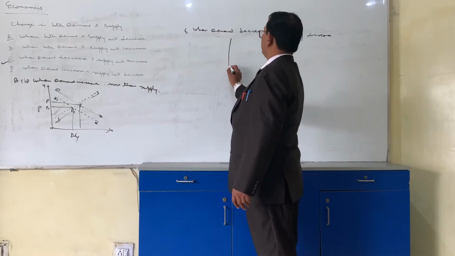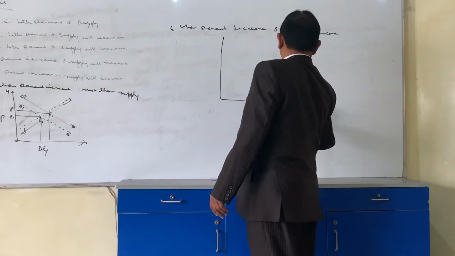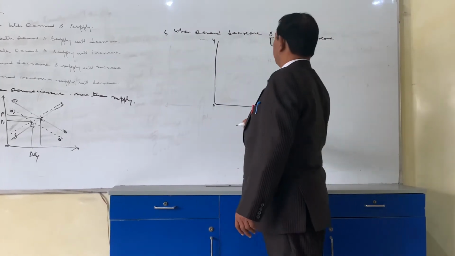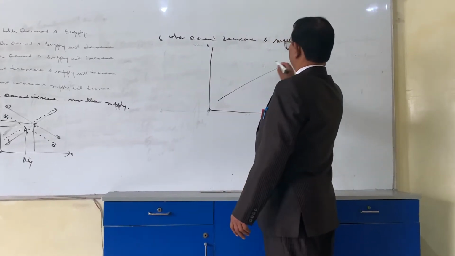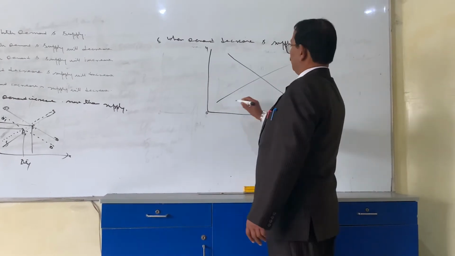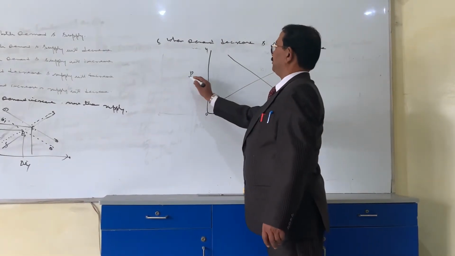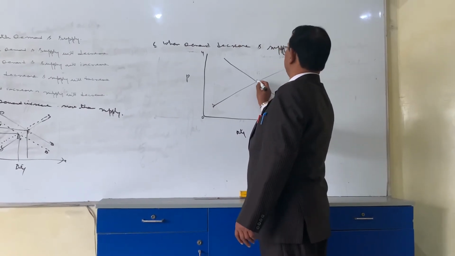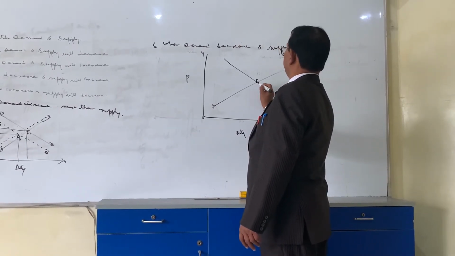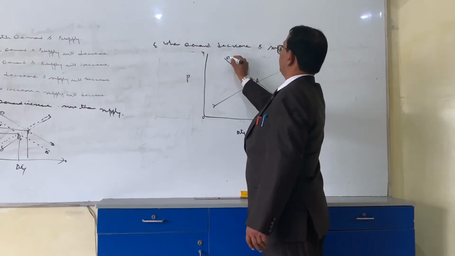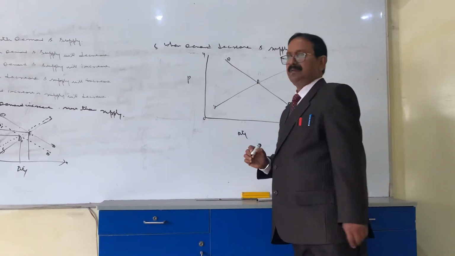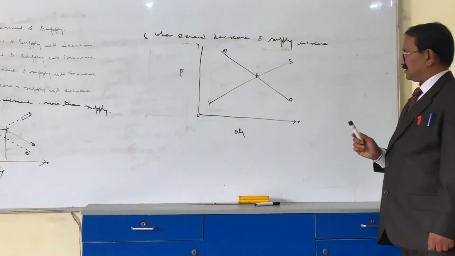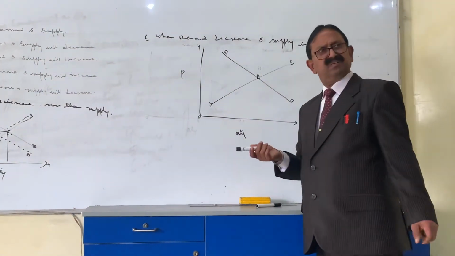So this is the original equilibrium price, it's the P, it's the quantity, and it's the E1. And our point is, when demand decreases and supply increases. Any percentage you can.